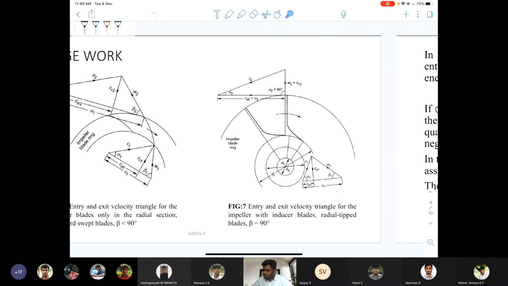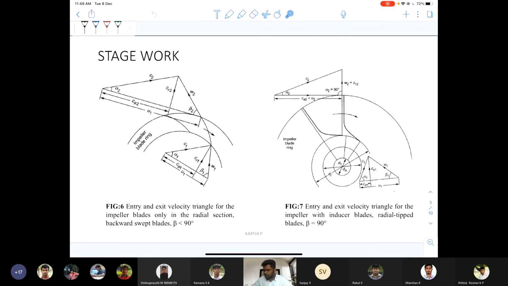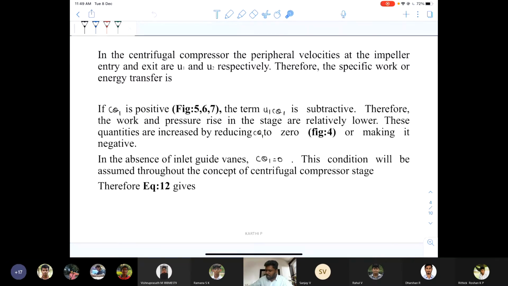Now we can move on to the stage work. In a centrifugal compressor, the peripheral velocities at the impeller entry and exit are U1 and U2. Therefore, the specific work or the energy transfer is given by an equation.